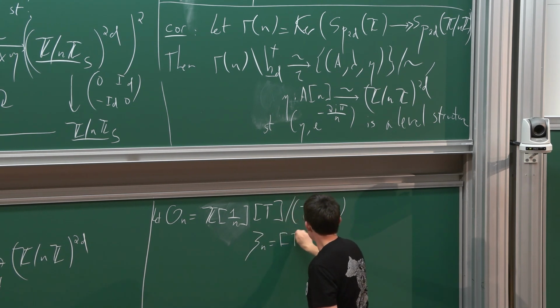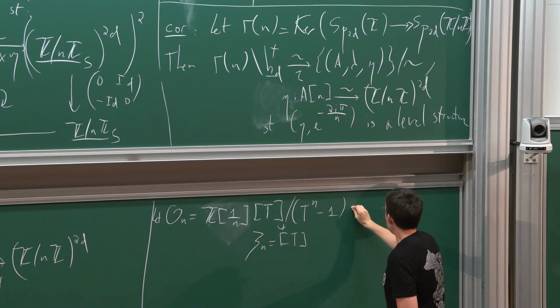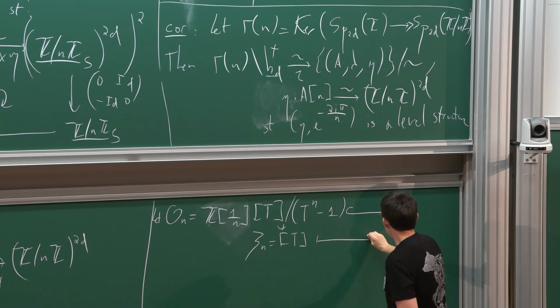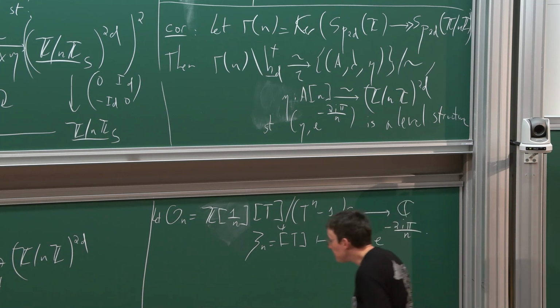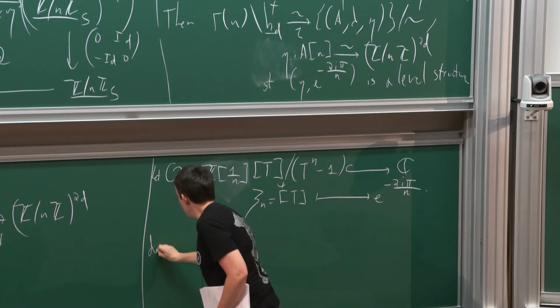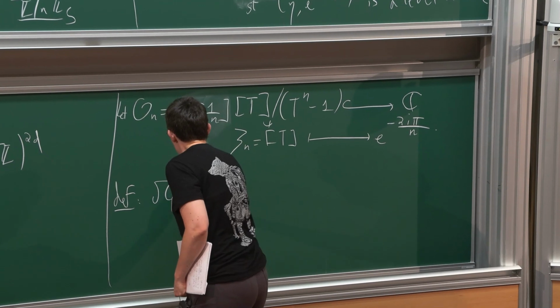So zeta n here is the class of T, and so this embeds into C by just sending zeta n to this e to the minus 2 pi i over n, and then definition: M prime dn.